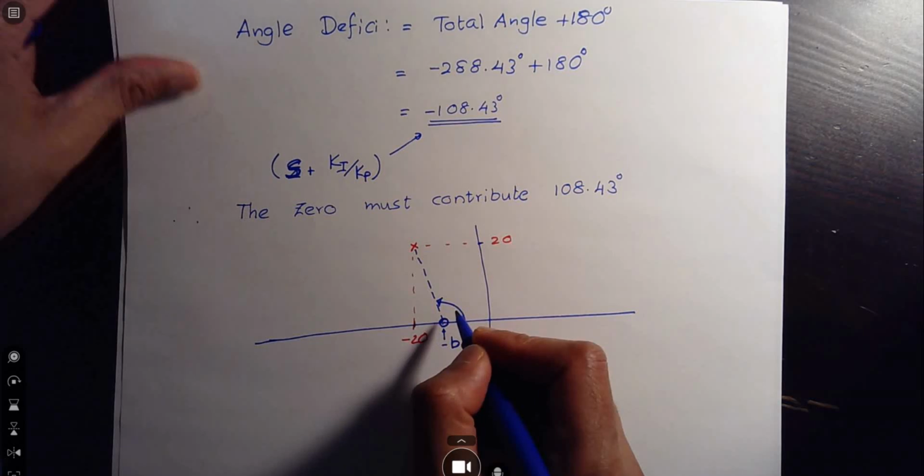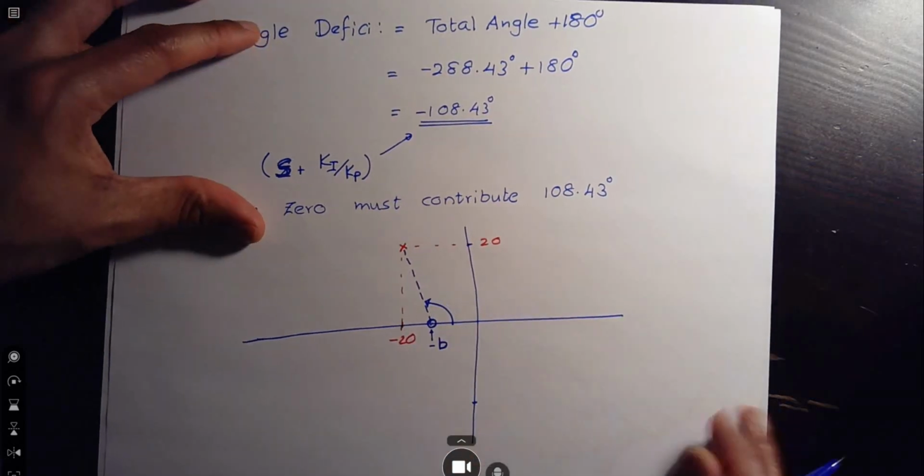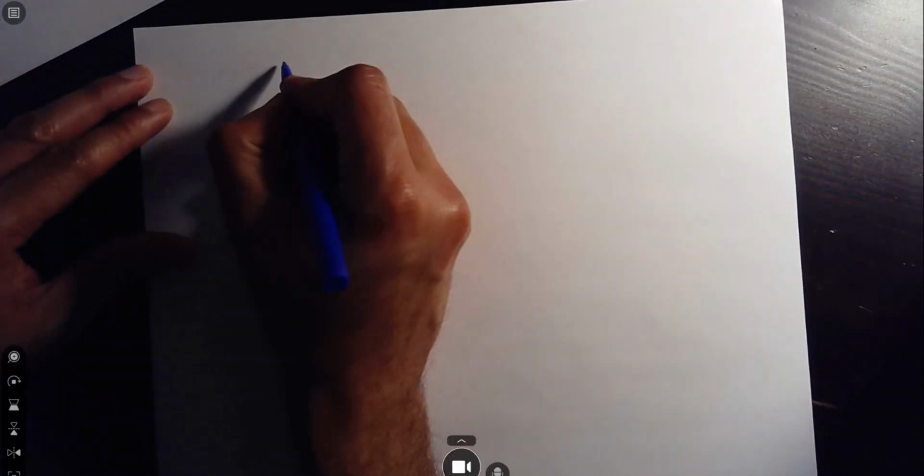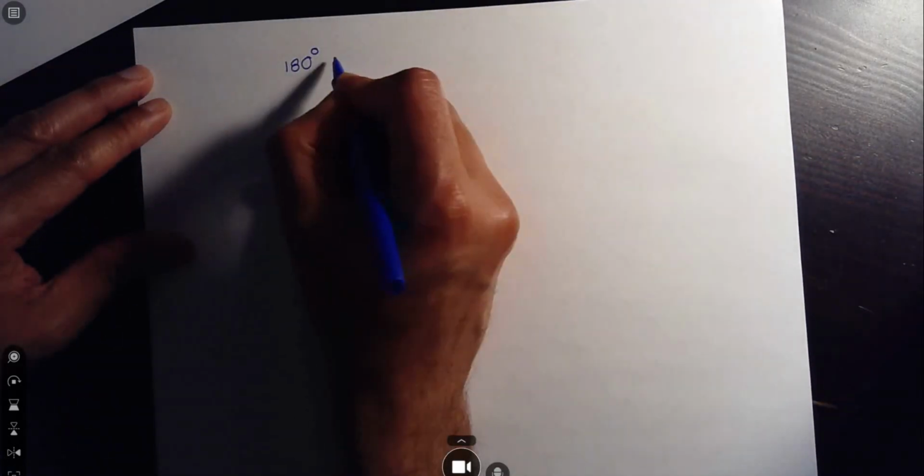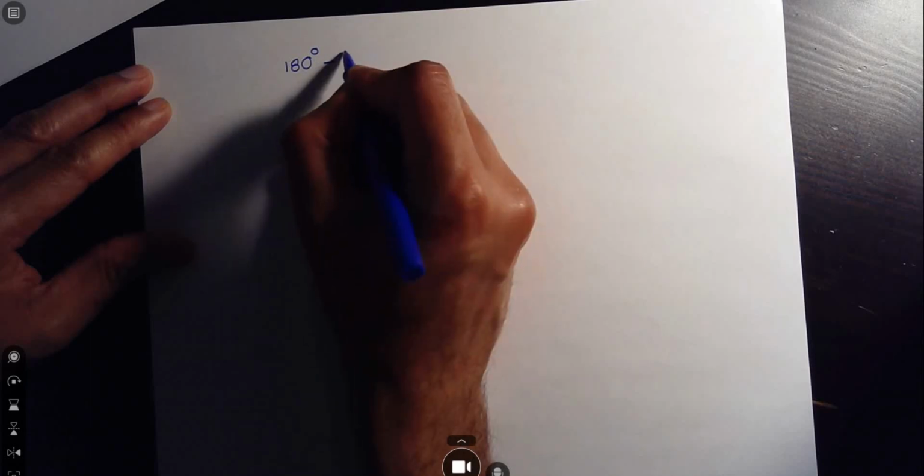We can write an expression. Let's go to a new page. 180 degrees minus tan inverse.